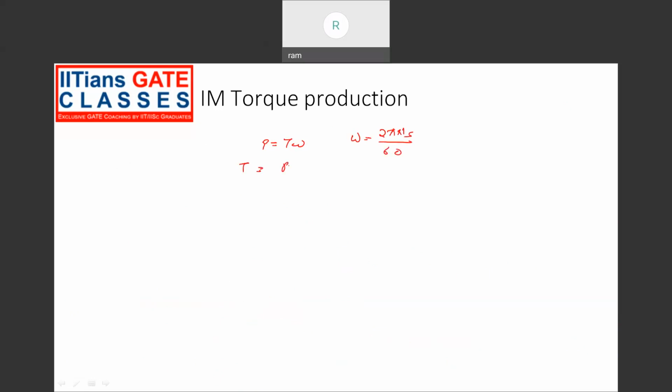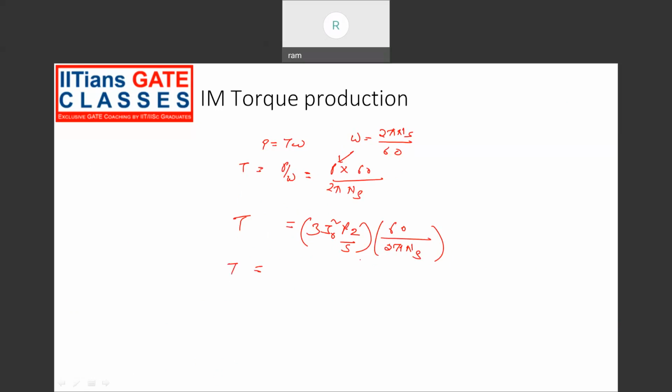Now torque equals P by omega, so that is P into 60 by 2 pi Ns. The power is nothing but the rotor input power, that is the air gap power. So that is 3 into IR square R2 by S, into 60 by 2 pi Ns, right? So that is torque.